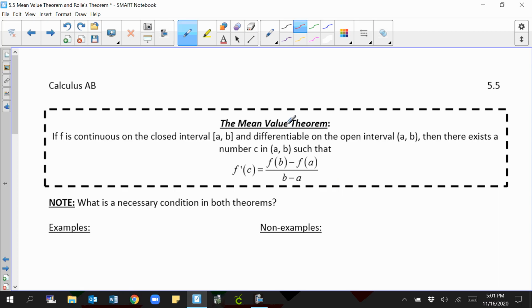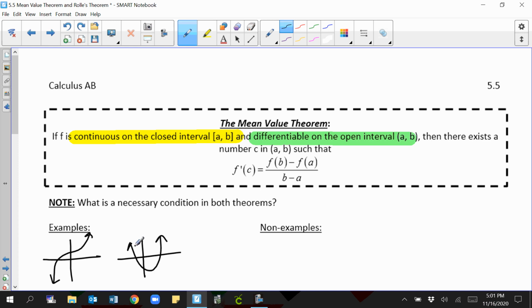So what are the necessary conditions for both theorems? Both of these have to be continuous on our closed interval and differentiable on our open interval. So if I were to sketch a couple of examples, one could be this kind of cubic function, one could be a quadratic, anything that's continuous and differentiable.